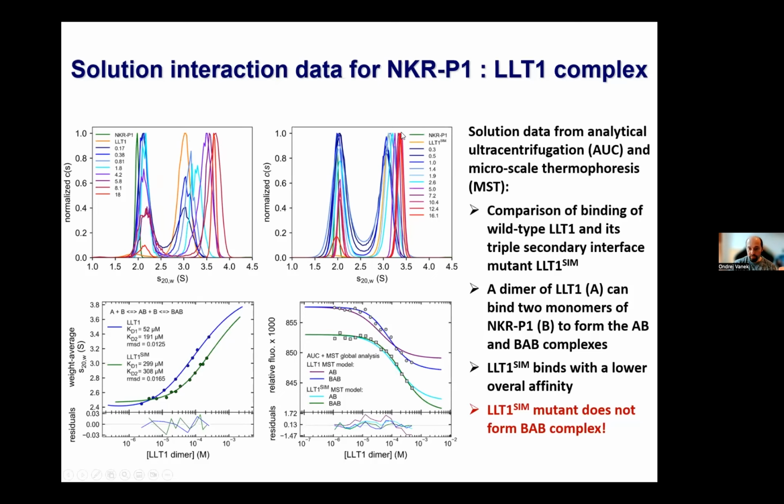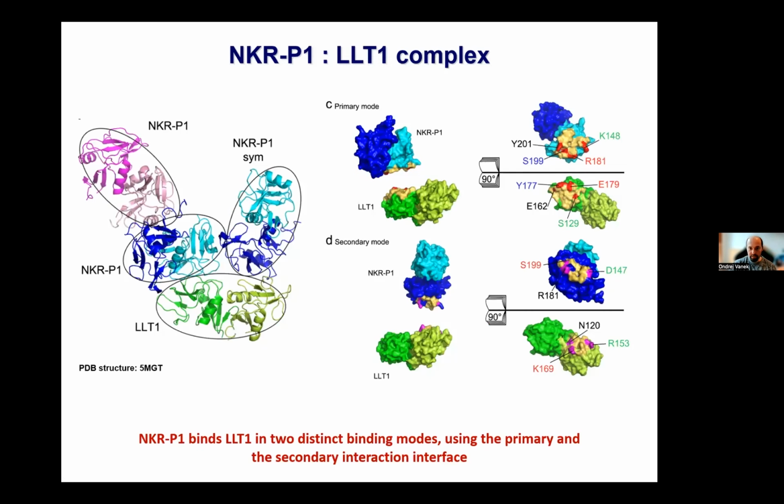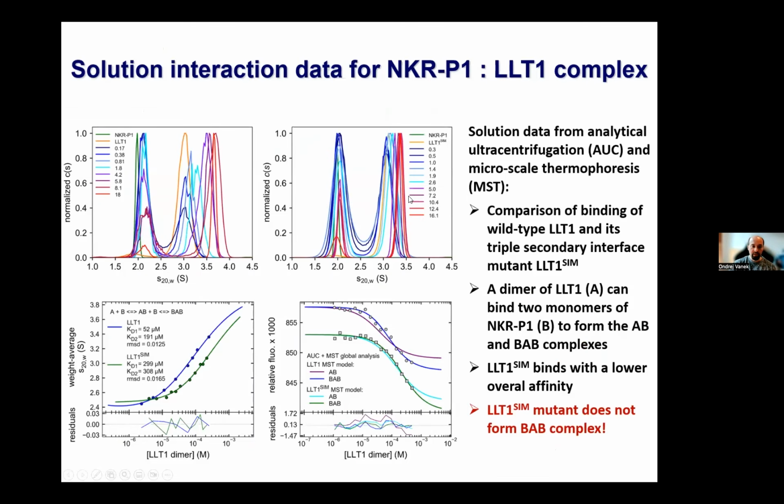So we created a mutant. I have to go back. To explain this properly, we created a secondary mode interaction mutant, abbreviated SIM. So LLT1 SIM is LLT1 mutated in these residues. So the secondary interaction interface is not working, but we still preserve the interaction in the primary mode, which we can prove by these methods here.